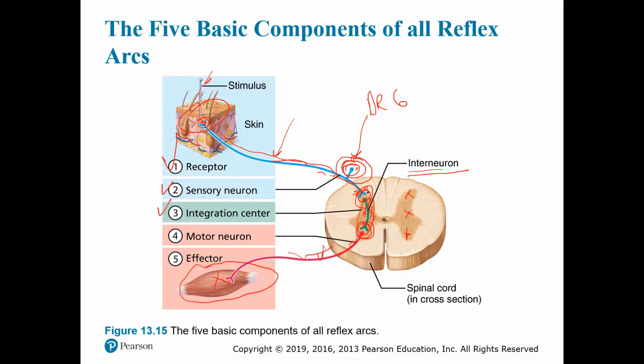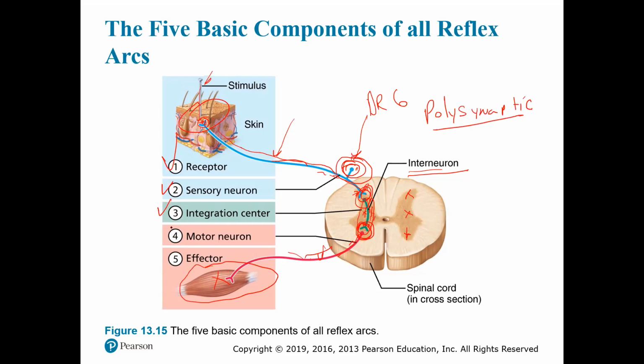Then you have another synapse, so that's one synapse. Then you have two synapses here. Your interneuron, or this could just be the sensory neuron synapsing with the motor neuron, then it'd be monosynaptic, but this is showing you a polysynaptic reflex arc, because there's more than one synapse, and there's an interneuron.